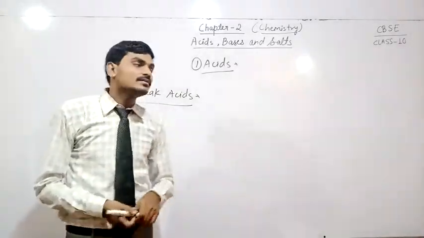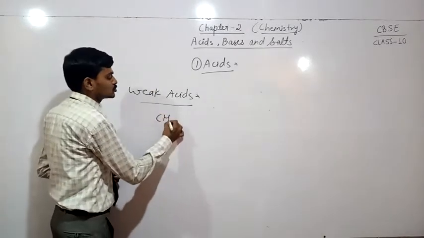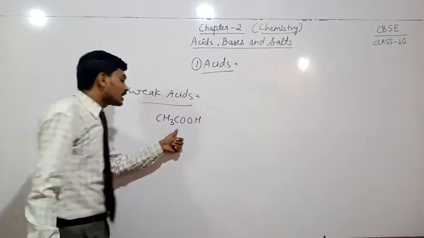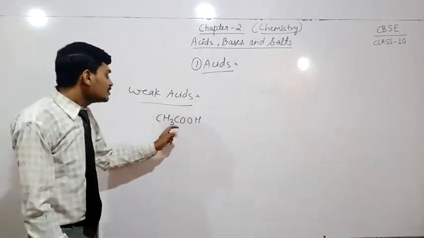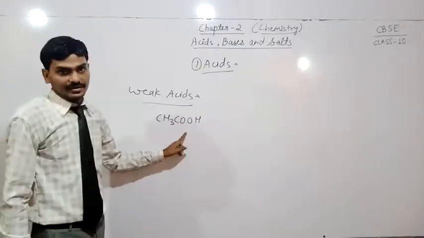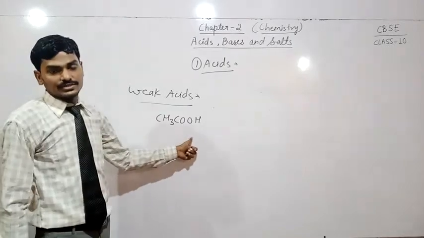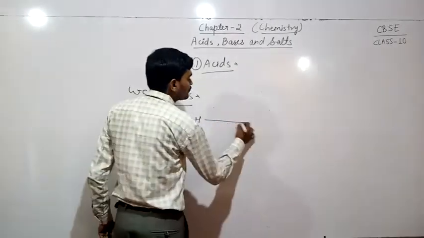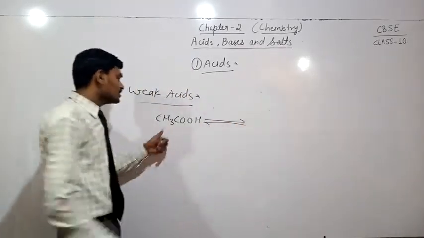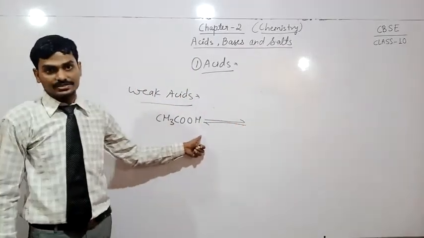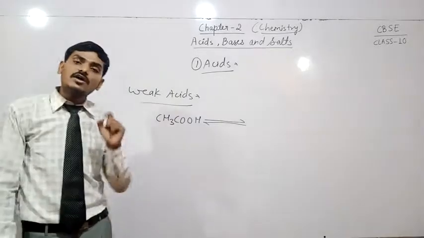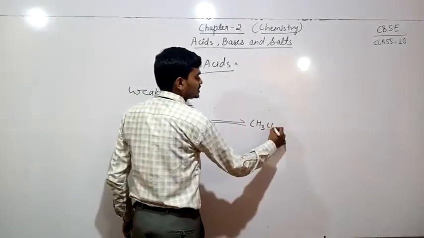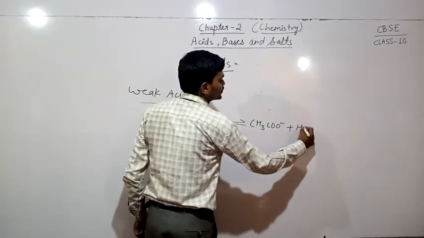For example, carboxylic acid. This is methyl carboxylic acid, CH3COOH. If we form the aqueous solution of CH3COOH, it does not completely ionize into CH3COO minus plus H plus.